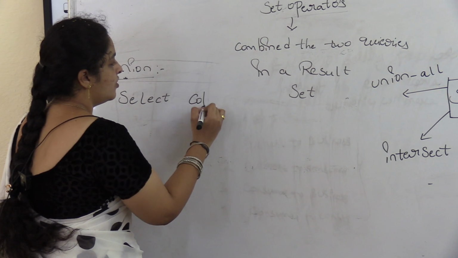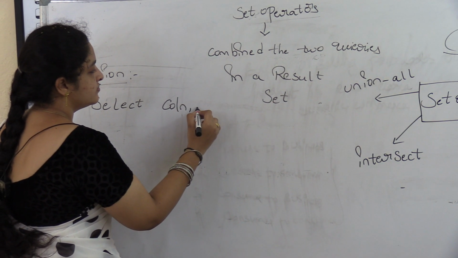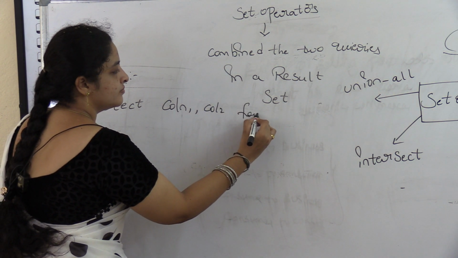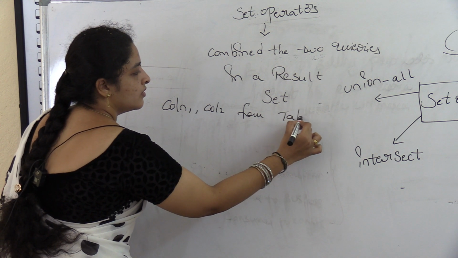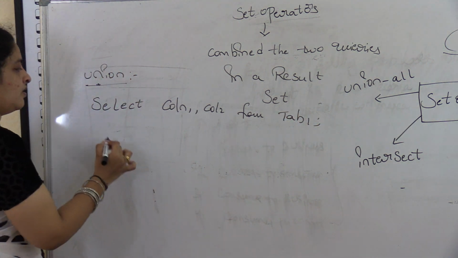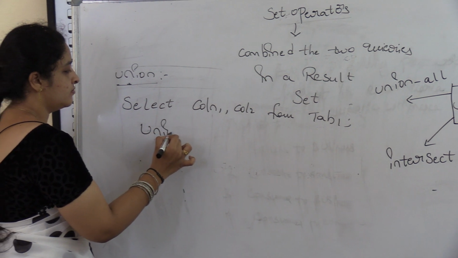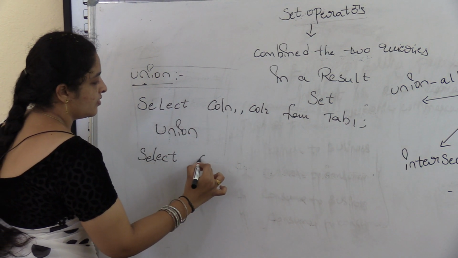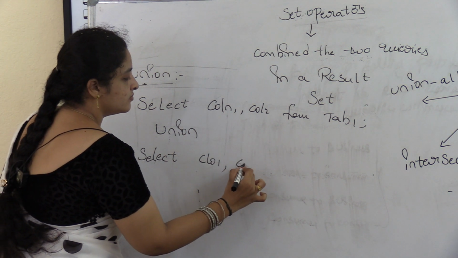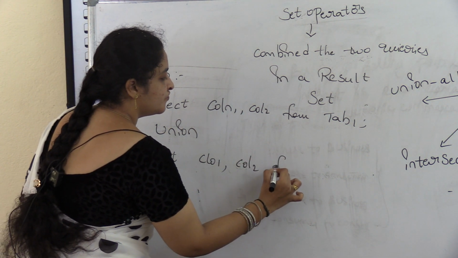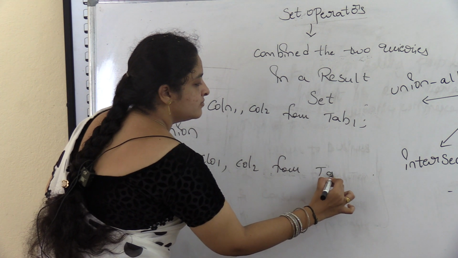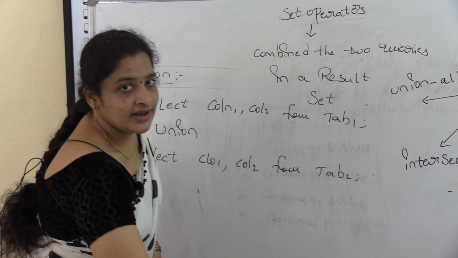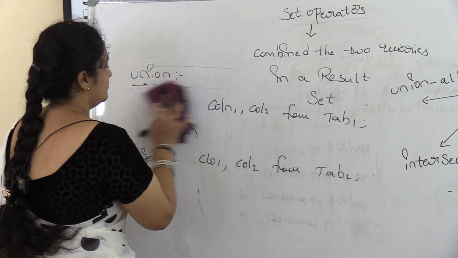Select column name 1, column name 2 from table 1 union select column 1, column 2 from table 2. This is the syntax of union. Let's see the example with union.